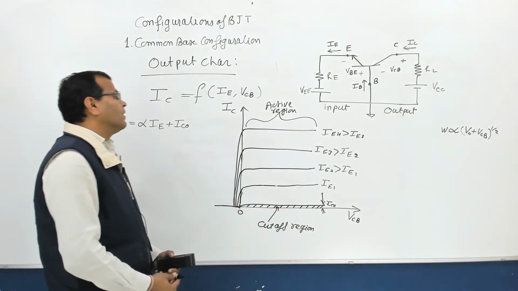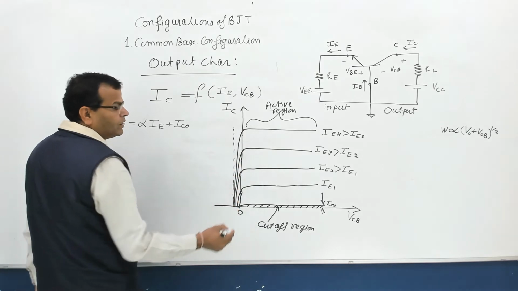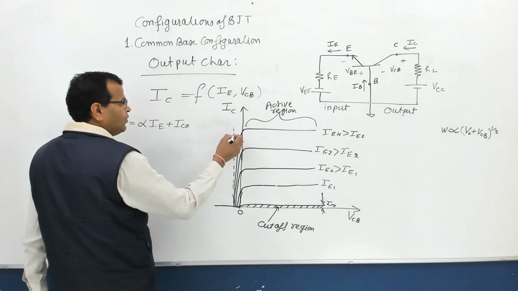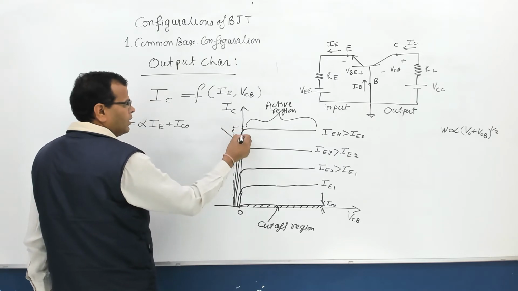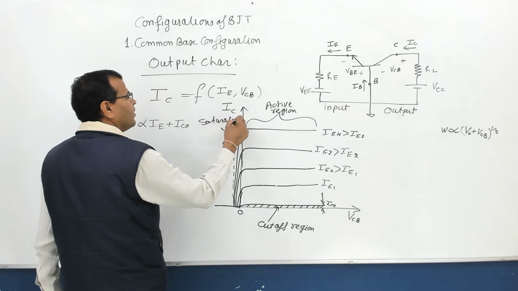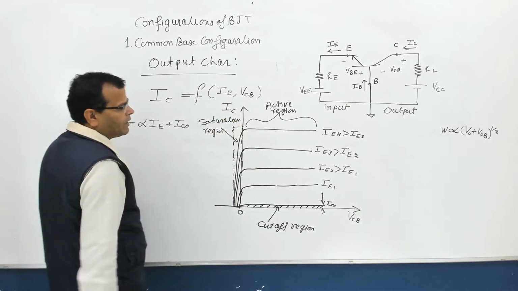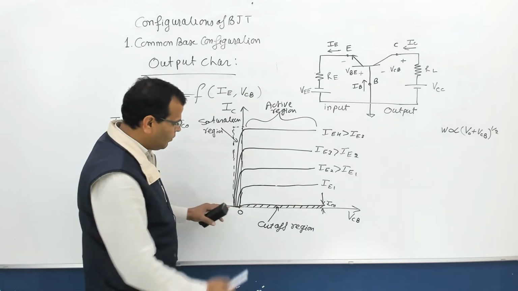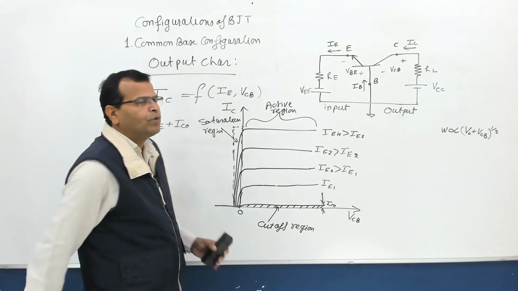Fine. Then I am left with this portion of the characteristic where VCB is negative. This region of operation from here to here is called the saturation region. Remember, when your VCB is becoming negative, this region is called the saturation region.